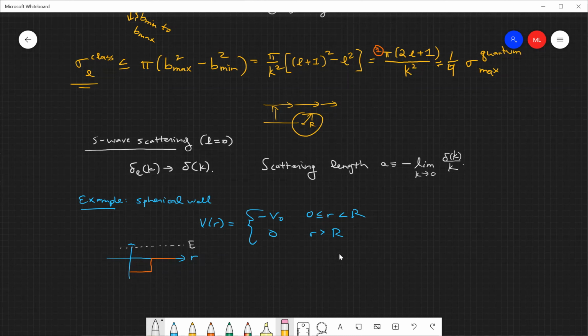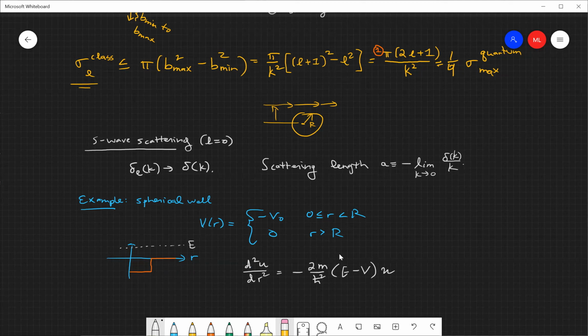So let's see what happens. The Schrodinger equation in this case is really quite simple because, again, we have no l terms. It's just d squared u by dr squared equals minus 2m over h bar squared times E minus V, times u.